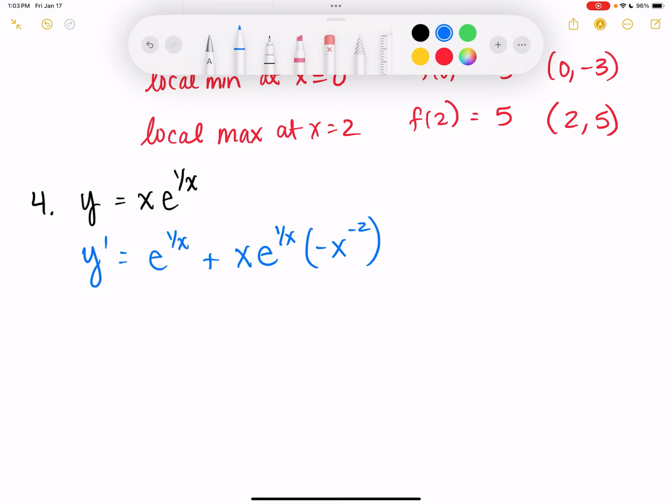I'm just messing with you. I don't care how you want to write it. E to the 1 over x minus e to the 1 over x would be what's left over once I reduce my exponents. I don't think Josh liked my method. Whatever.